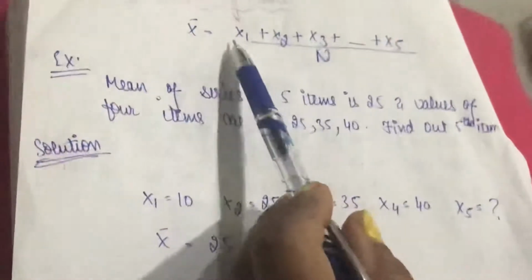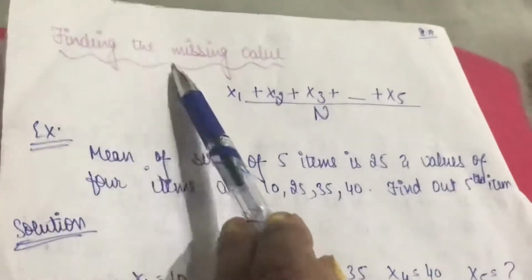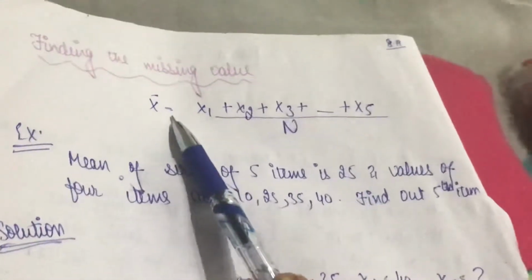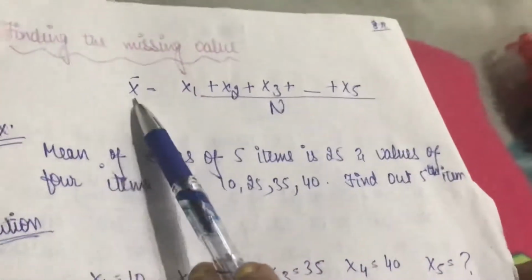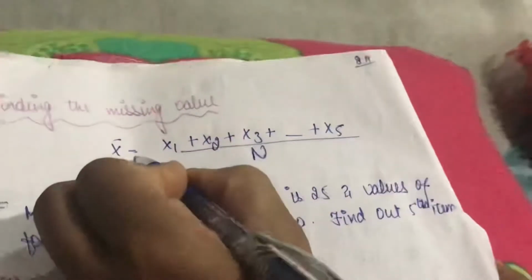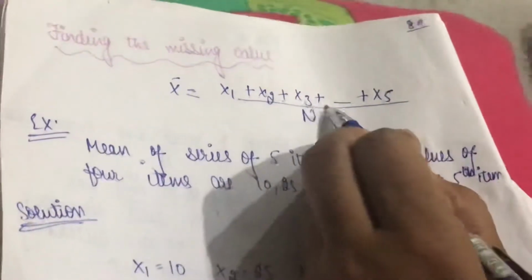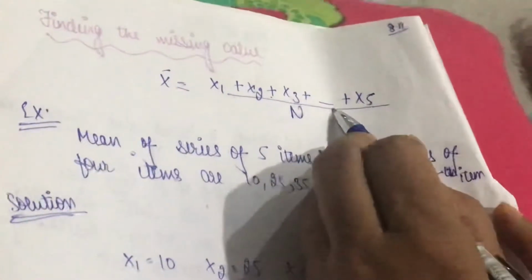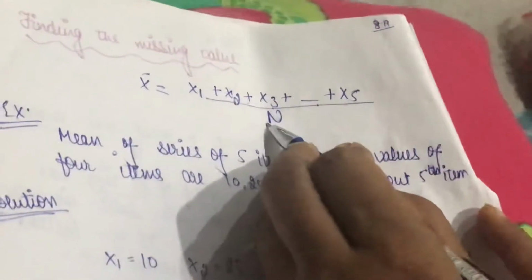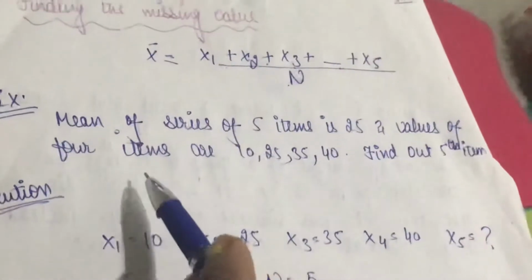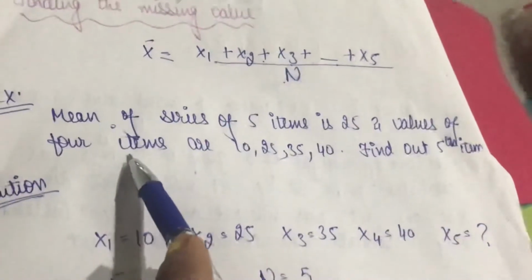Fine. Next, just check it out. Finding the missing value. Again you will learn the formula. Here one value is not given to you, you are supposed to calculate it. So mean is equal to x1 plus x2 plus x3 plus the value which is not given, plus x5, divided by n. Just check it out, you will understand it in a better way.